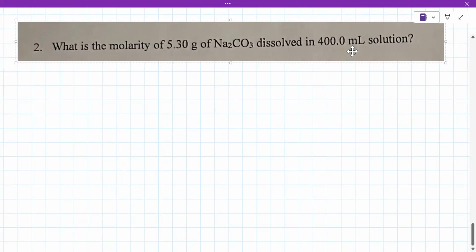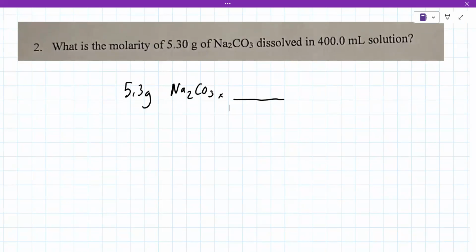So we have to convert that 5.3 grams of Na2CO3 to moles. So that's probably the hardest part, getting the molar mass of this.